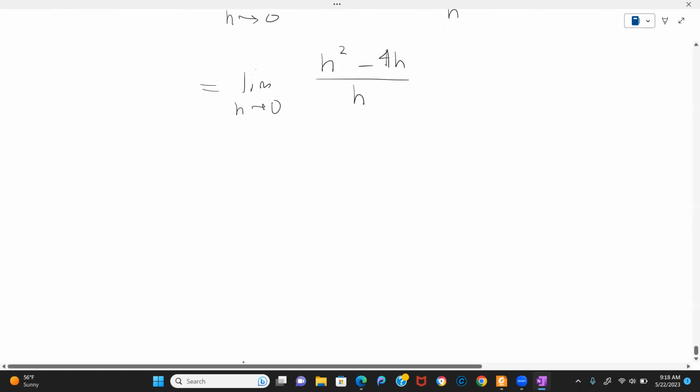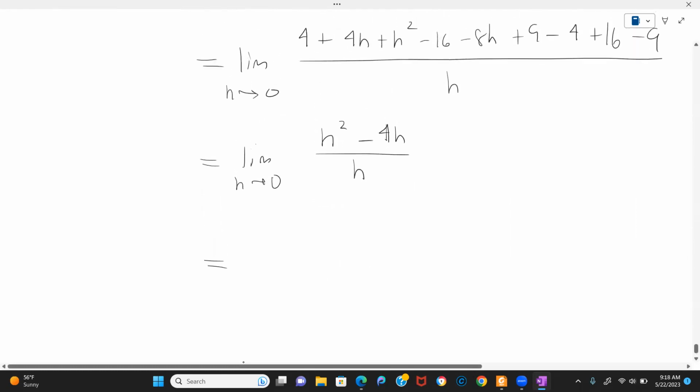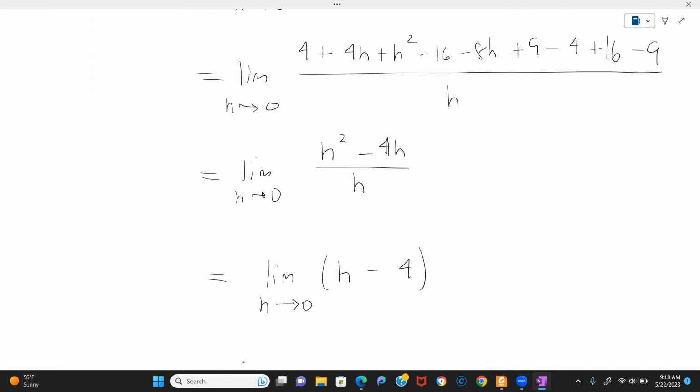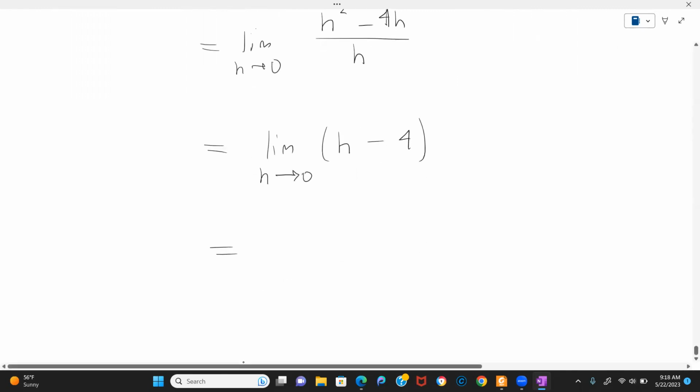Now I have a factor of h in the numerator and the denominator, so I can cancel, which is nice because I don't have to worry about getting 0 over 0 at this point. And you get h minus 4. Finally, when you let h go to 0, because this is a polynomial in h and it's continuous at 0, you plug in 0 and you get negative 4.